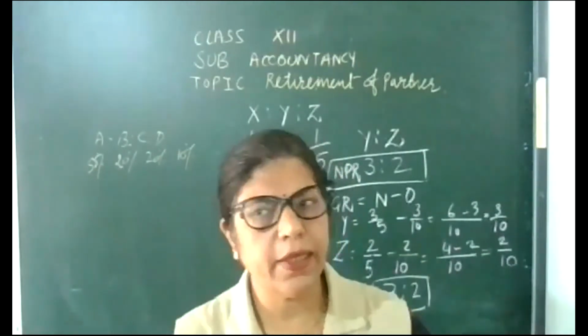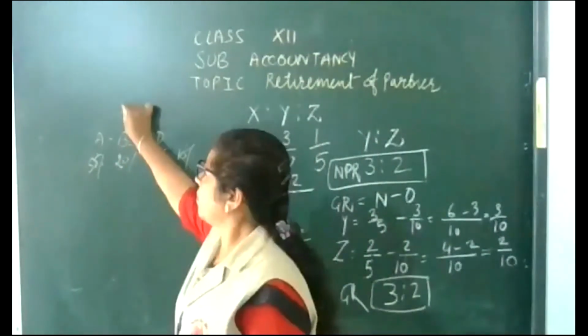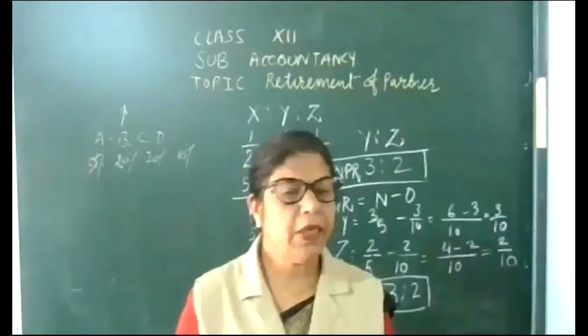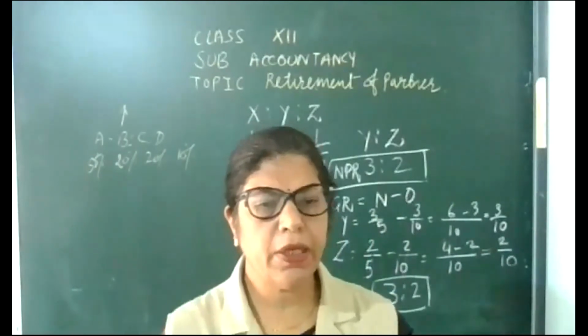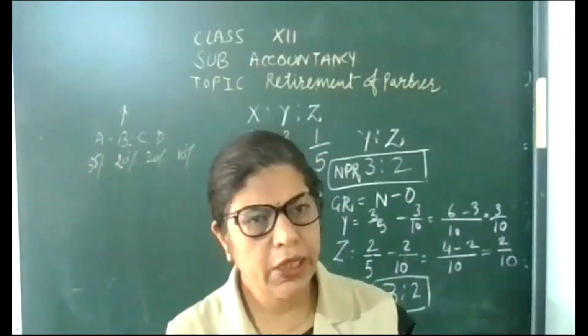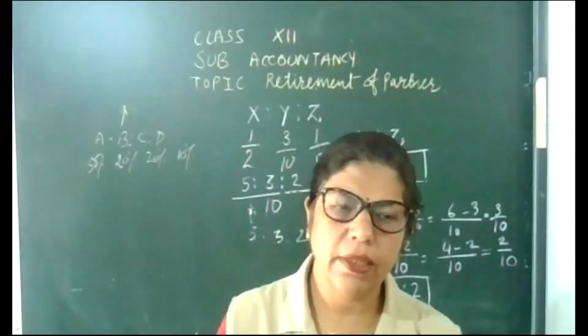Now B is the retiring partner. What will be their new ratio and gaining ratio?